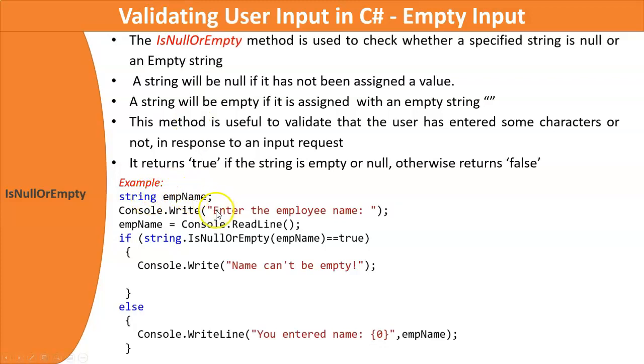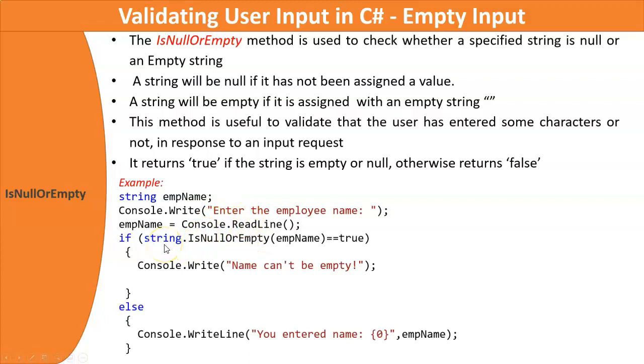The program is requesting to enter the employee name. The user may skip entering the data. So in that case, empName will have a null string or an empty string. But that should not be permitted in the program because it is not valid data. This validation can be checked using the isNullOrEmpty method of the string.